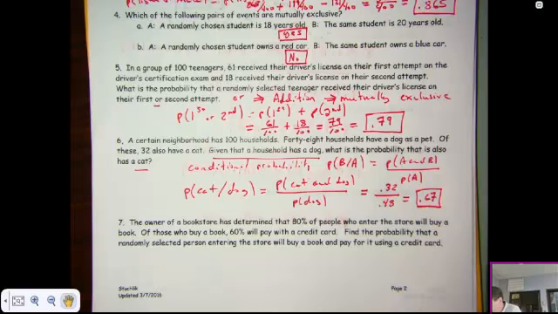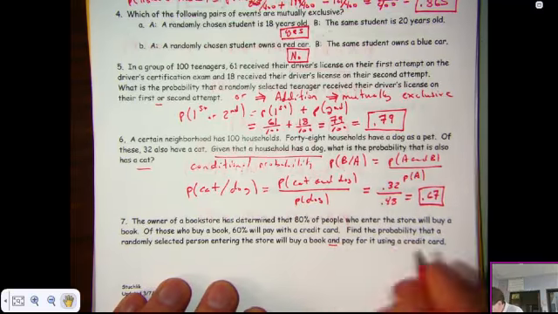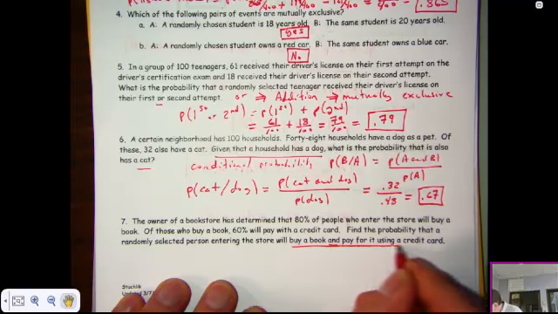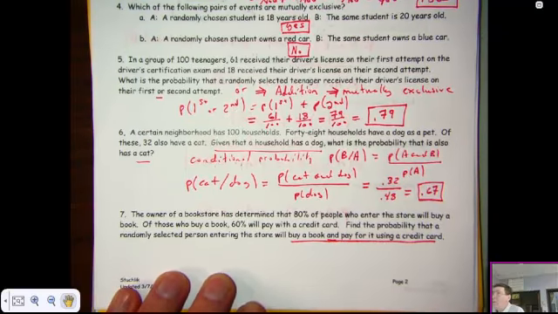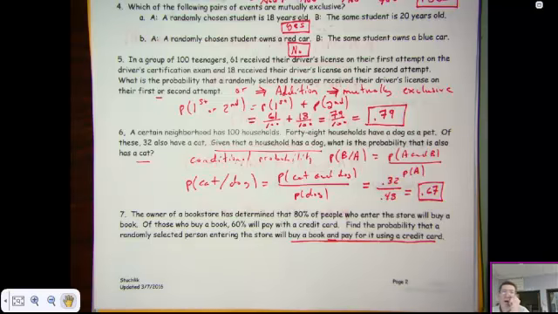Okay, number 7. The owner of a bookstore has determined that 80% of the people who enter the store will buy a book. Of those who buy a book, 60% will pay with a credit card. Find the probability that a randomly selected person in the store will buy a book and pay with a credit card. When you see an and, you have to decide what type of events these are, because with and statements, are they independent events or dependent events?